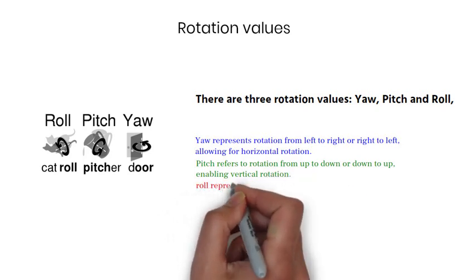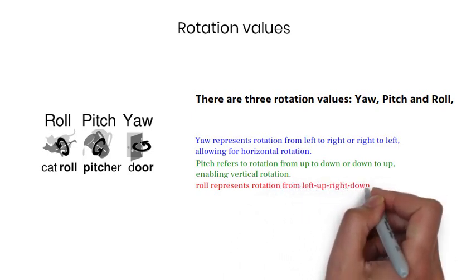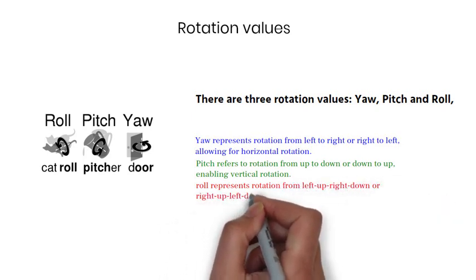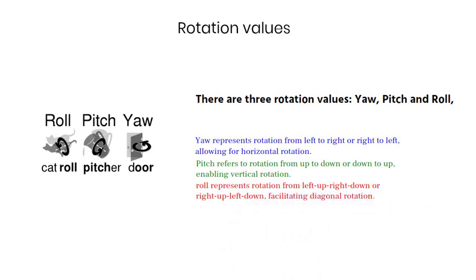Finally, roll. Roll represents rotation from left-up to right-down, or right-up to left-down, facilitating diagonal rotation.